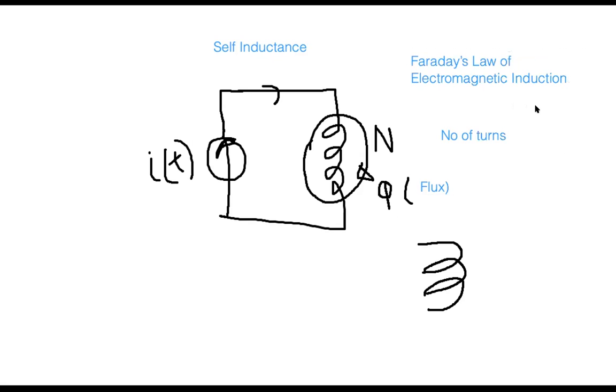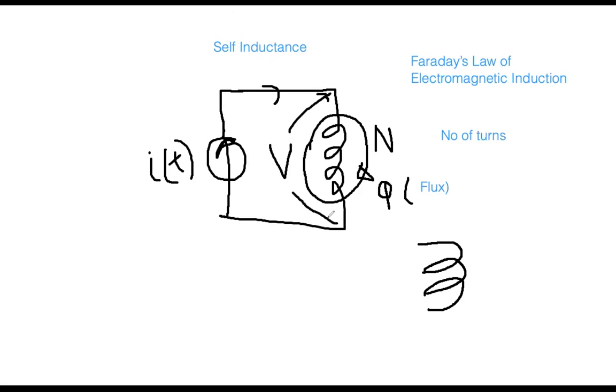Probably, yeah. So once there is a flux, a number of turns, and current flowing through it, there will be some voltage developed, built up across the coil.